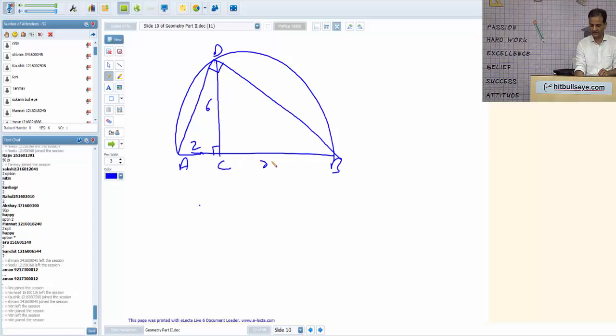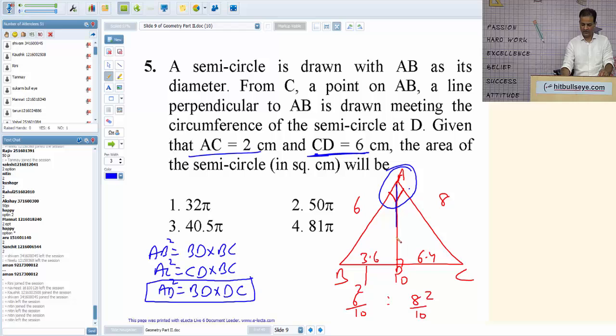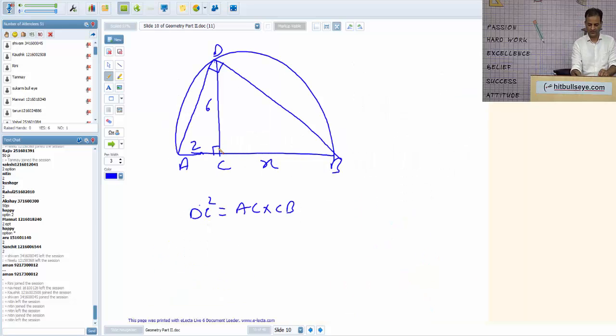If I take CB as x, then DC square is equal to AC into CB, the formula which we have written, AD square is equal to BD into DC, where the perpendicular is drawn at 90 degrees. So what is DC square? 6 square is equal to AC, which is 2, into CB, which is x.